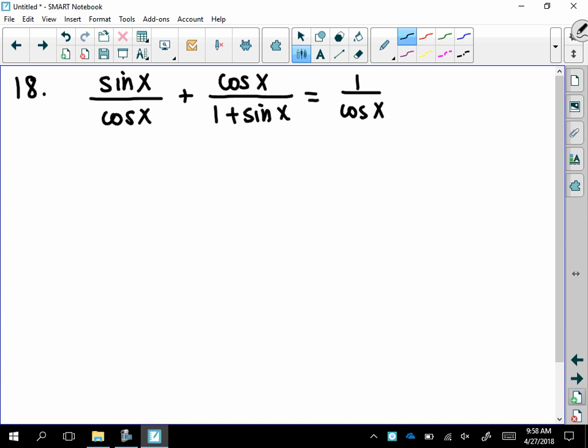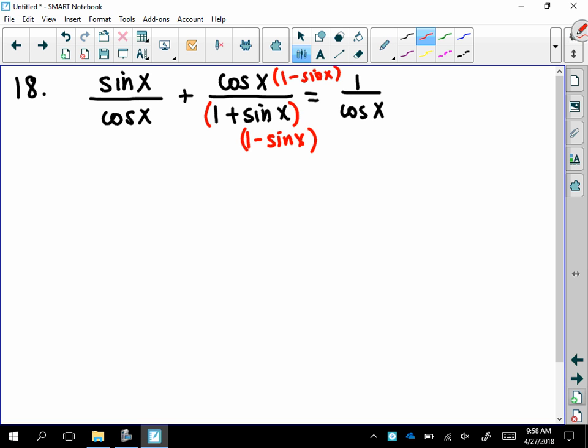And I probably won't go through this. It's very, very similar to number 17 in that I'm just going to rationalize that one denominator. And then it's really going to work exactly the same from there, because that would become 1 minus sine squared, which is cosine squared, which cancels.